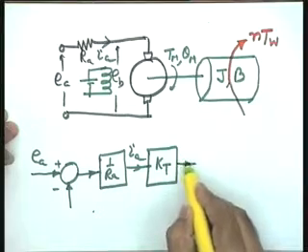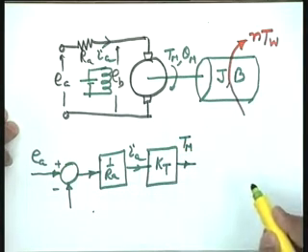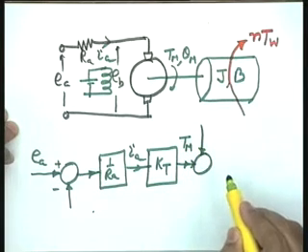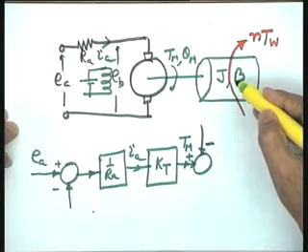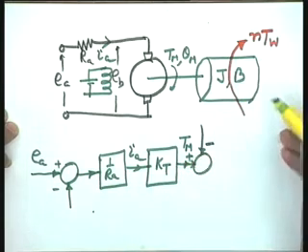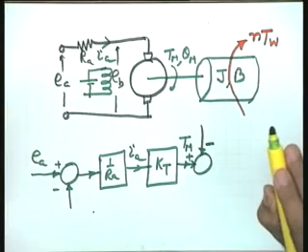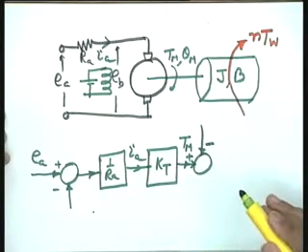So, after this particular block, I have got the torque. So, let me take this variable as Tm. So, this Tm variable is going to be opposed by the disturbance torque. So, let me put a plus sign here and a minus sign here because it is in opposition. This again I think I have overemphasized my point that this is only an algebraic quantity. It could even add to Tm, it depends upon the nature of disturbance. Even if it adds to Tm, it is a disturbance, because we have not designed our system with that objective in mind, or with that variable taken in that way that it adds to the applied torque Tm.